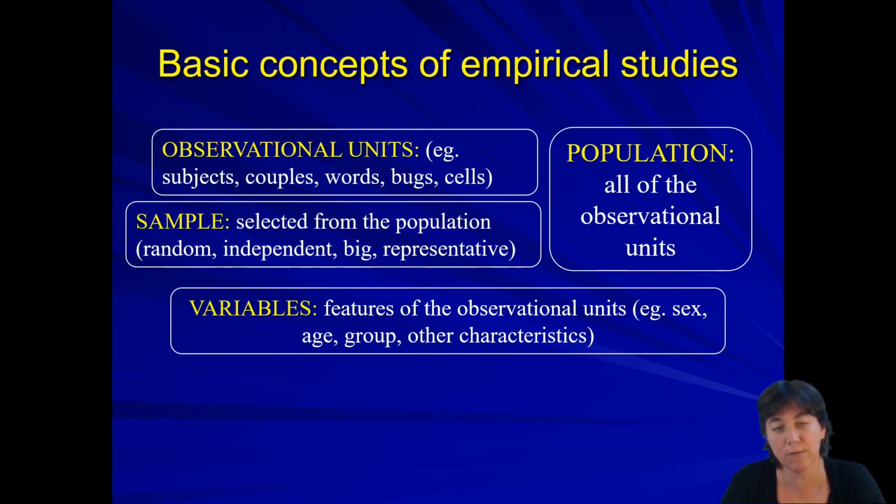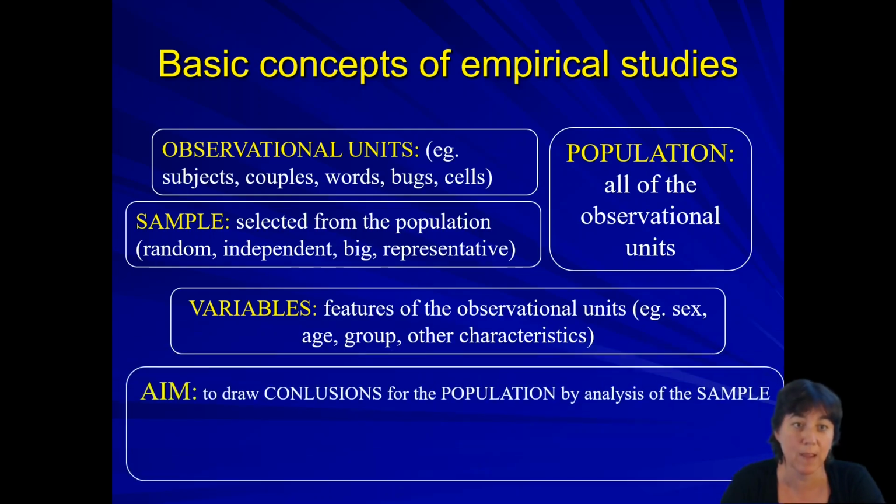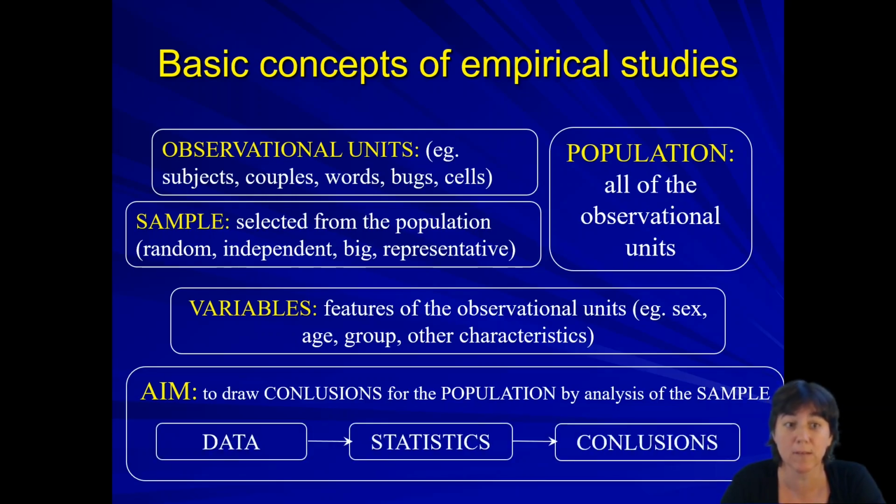You have to pick your variables that are relevant to the hypothesis you're testing, because the aim is to be able to draw conclusions from the population based on the sample, as we've said. So you have your data, you do your statistics based on the hypotheses that are set, and you draw your conclusions. Now, I've been lying a little bit because sometimes you don't even need a hypothesis. We're at this descriptive statistics stage now.